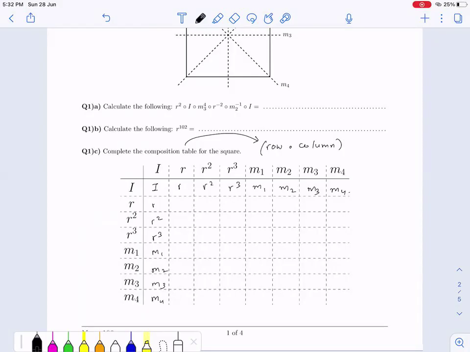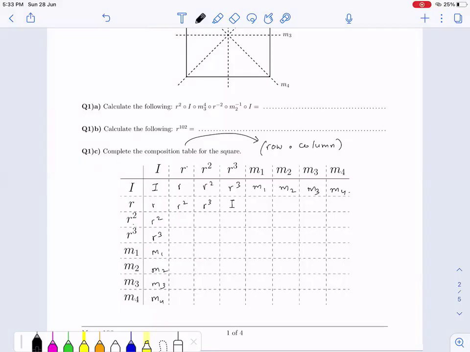Now R composed with R is R squared, R composed with R squared is R cubed, R composed with R cubed is R to the 4, which is like a 360-degree rotation, or 1 full turn, which is I again. Similarly these are also easy, so let me complete this little part first.